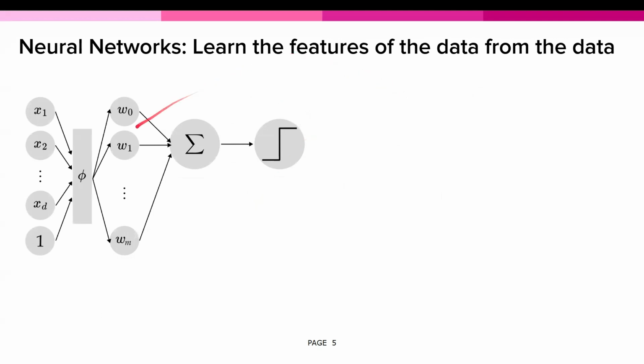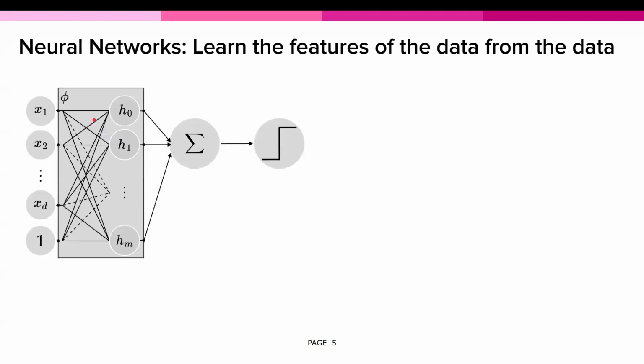Whereas previously we had been specifying or hand designing a feature map, we're now going to allow the features themselves to be learned as well. And we're going to do that while we're learning the task. The idea is that this is going to allow us to discover patterns on the basis of which we can make accurate predictions, even on new examples drawn from the same underlying population.